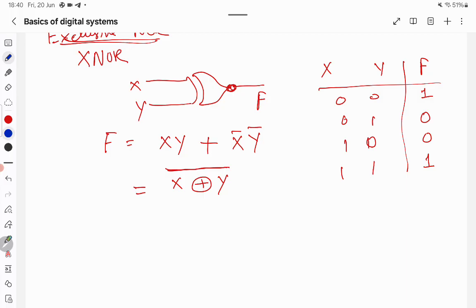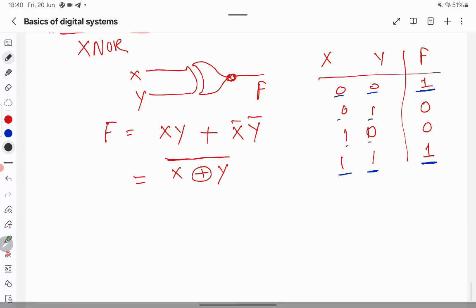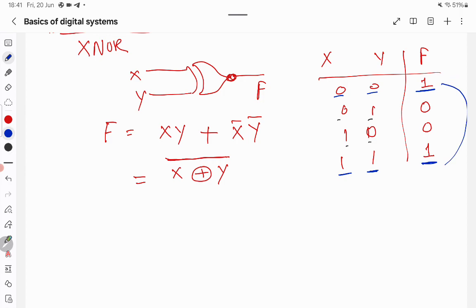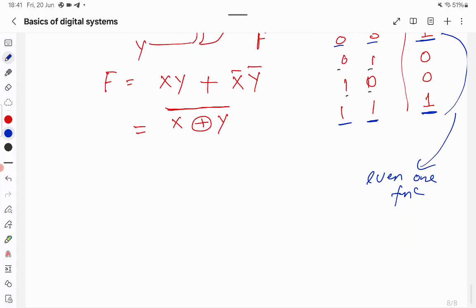If you look carefully, here there are an even number of zeros, so there is a 1 here. When there is an even number of 1s, there is 1 here. Here there is an odd number of zeros and an odd number of 1s, only one 0 and one 1, so both are 0. So this acts as an even-one function. By this way you can remember: whenever we have even zeros, the output will be 1 in the XNOR gate, and with even 1s the output will be 1.